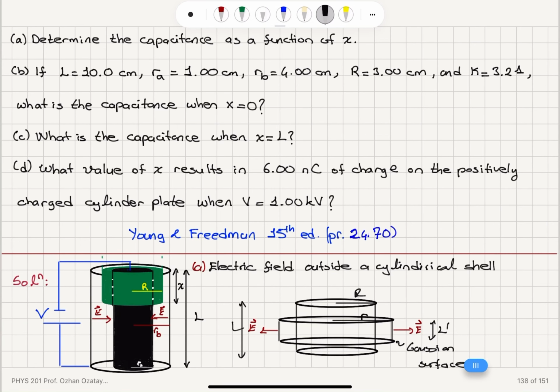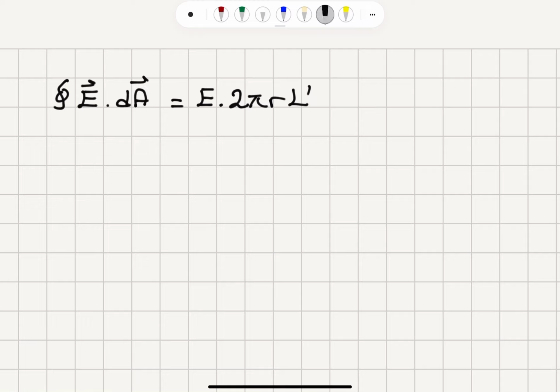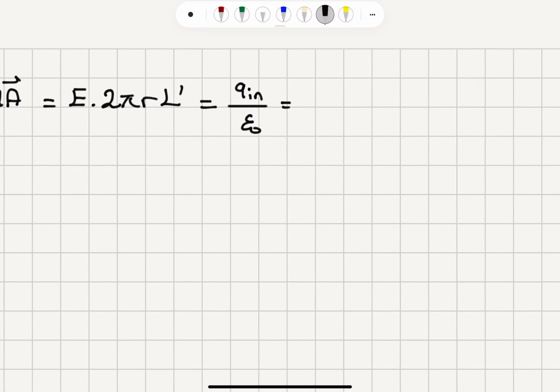Because the surface area of this Gaussian cylinder will be 2 pi r multiplied by the height of the cylinder L prime. This, according to Gauss law, is equal to the charge enclosed divided by epsilon 0. So this is Q in divided by epsilon 0. Now the question is, how much is the charge enclosed by this Gaussian cylinder?